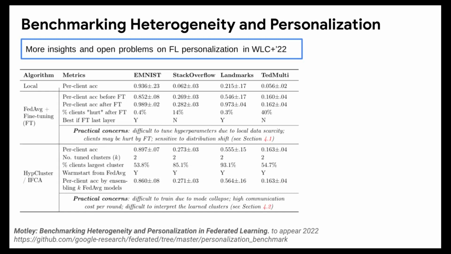For example, for Fed averaging and the fine tuning based on federated averaging, it is difficult to tune hyperparameters, particularly a global set of hyperparameters. And some clients may get their performance hurt by the fine tuning approaches. And for hyperclustering, sometimes it's hard to train due to mode collapse. And it's quite difficult to interpret the learned clusters.